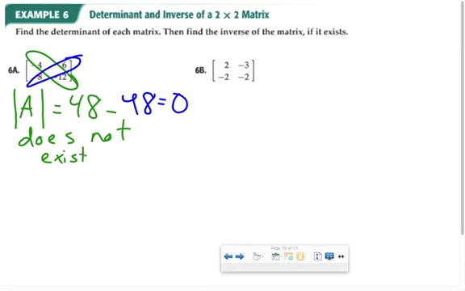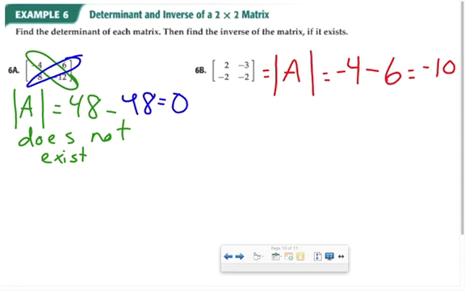In part B, let's call the matrix A. So the determinant of this matrix is 2 times -2, which is -4, minus -2 times -3, which is +6. So that's -10. So it does have an inverse. And so we're going to use that fancy formula that we saw on the previous screen.